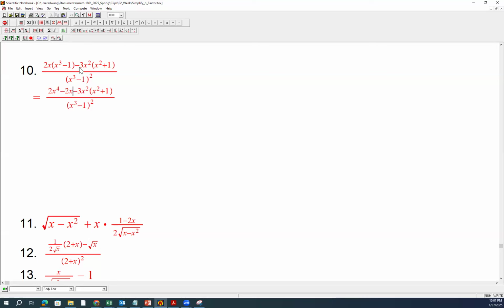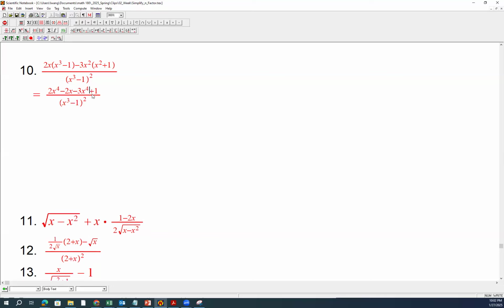The latter part, minus 3x squared times x squared, that's going to be minus 3x raised to the power 4, and negative 3x squared times 1, that's going to be minus 3x squared. These are the steps. I always want to take more time to double check.